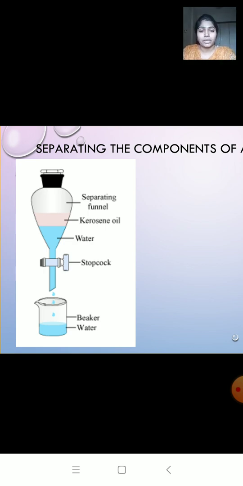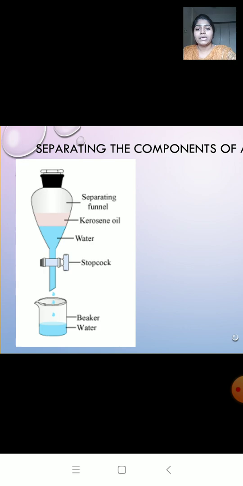So what we will do, we will turn on the stopcock or the tap. Water is down, so we can collect the water first. Once the water is completely collected, turn off the stopcock or tap, and then take a new beaker, turn on the stopcock or tap and collect the kerosene oil.